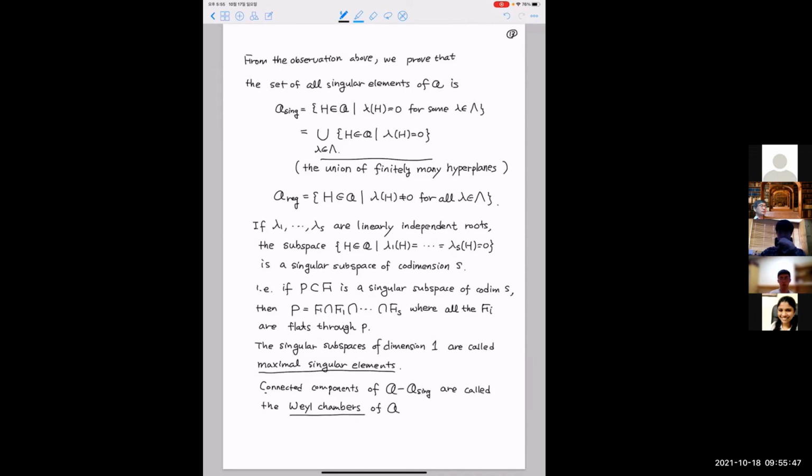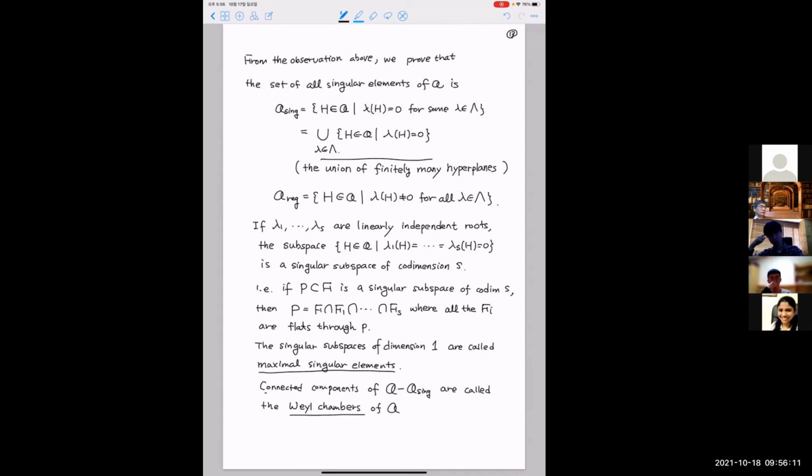We say that a singular subspace of dimension 1 is a maximal singular element, and the connected components of the complement of the set of singular vectors in A are called the Weyl chambers of A.